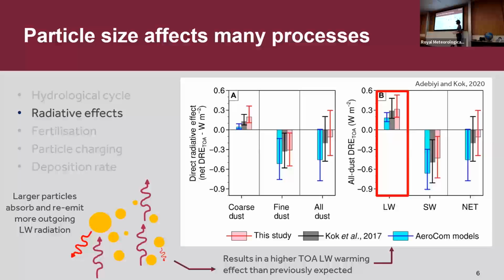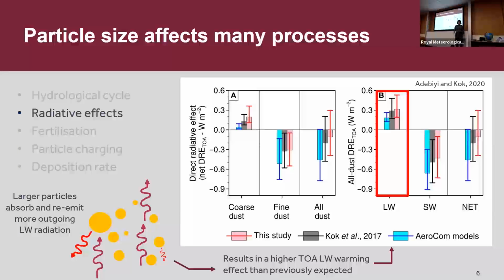Which means that we get this higher top of atmosphere warming effect, which is higher than what we previously expected. So these bars here, the blue basically represents our old understanding. We didn't think that there were that many coarse particles, or they were a bit more negligible. But then the more research we've done and the better understanding that we have of these coarse particles, we now think that actually there is that higher warming effect in the long wave caused by those coarse particles.